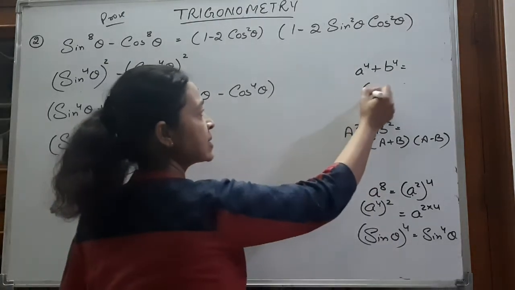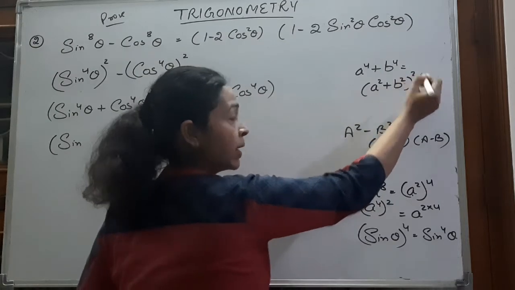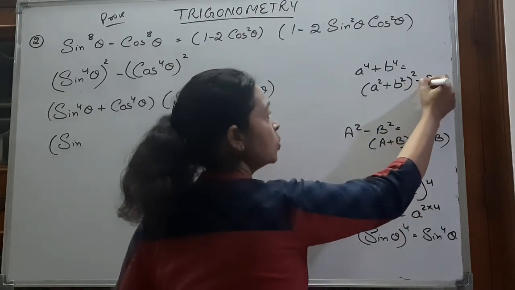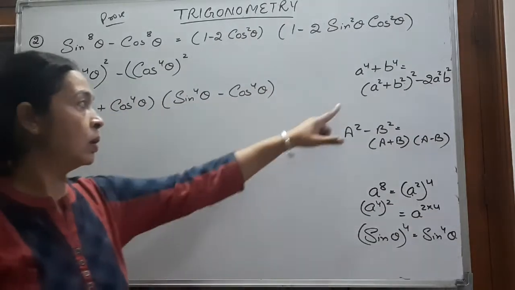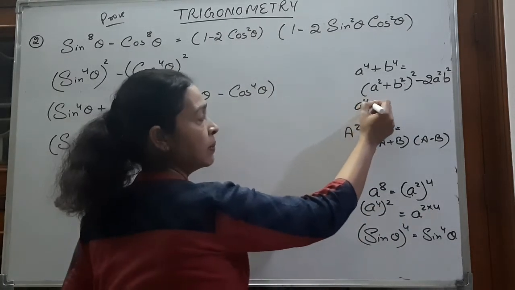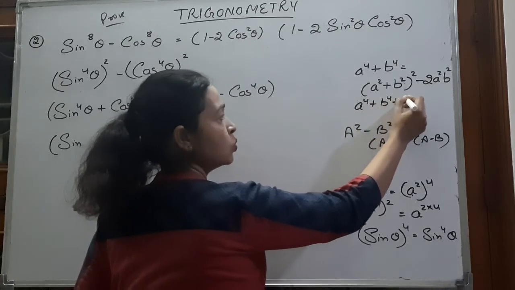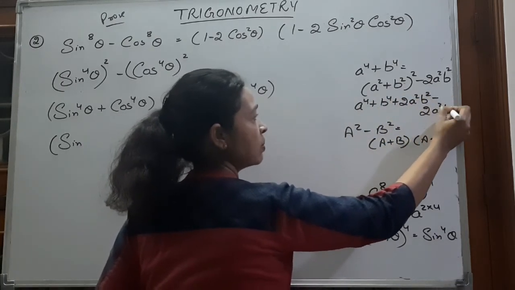We can write it as (a square plus b square) whole square minus 2 times a square b square. How? (a square plus b square) whole square is a to the power 4 plus b to the power 4 plus 2 times a square b square, minus 2 times a square b square.